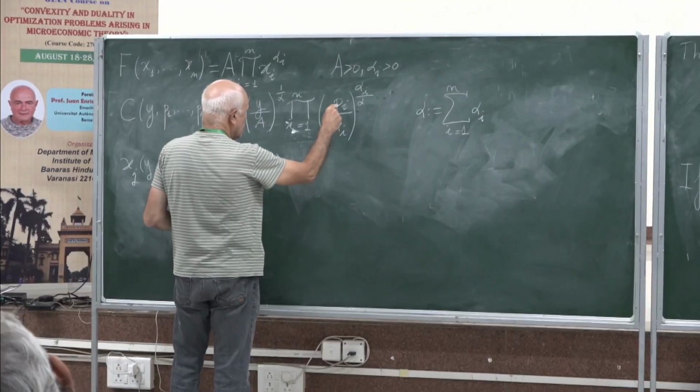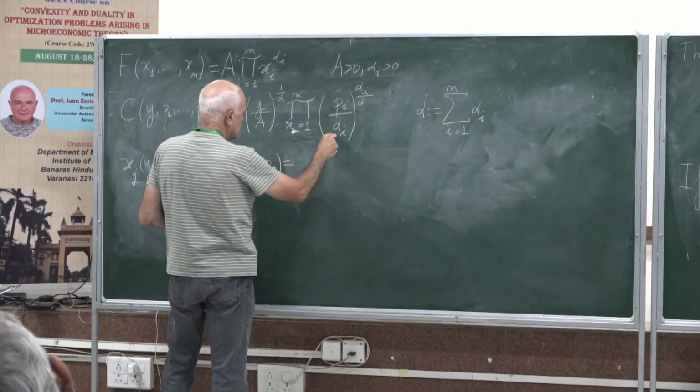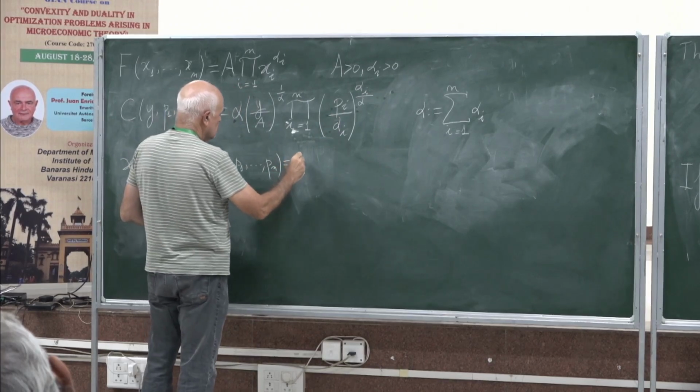So I have to divide by p_i over alpha i.